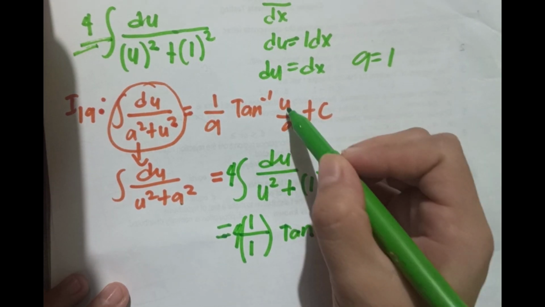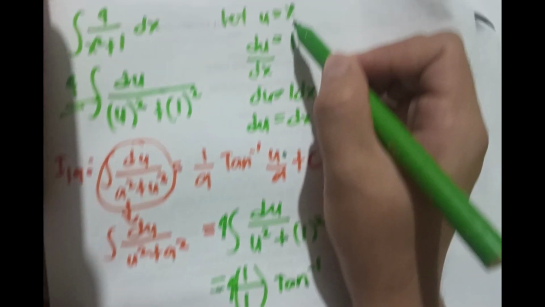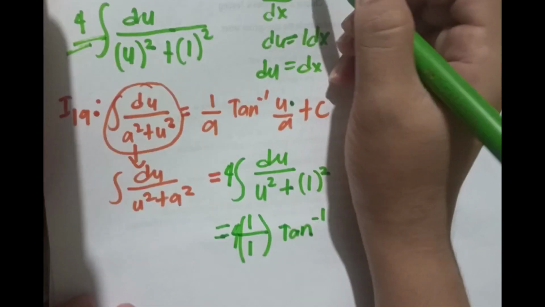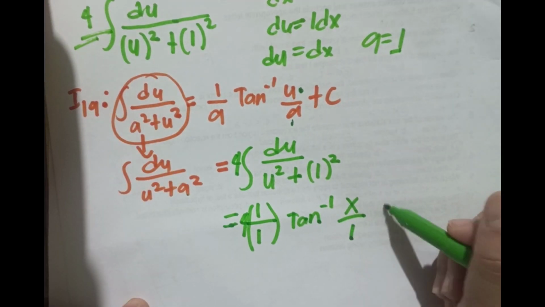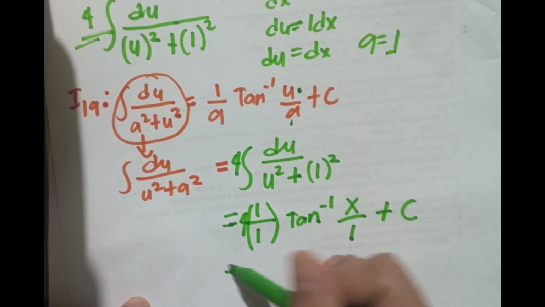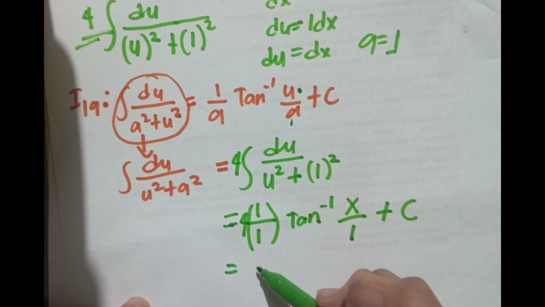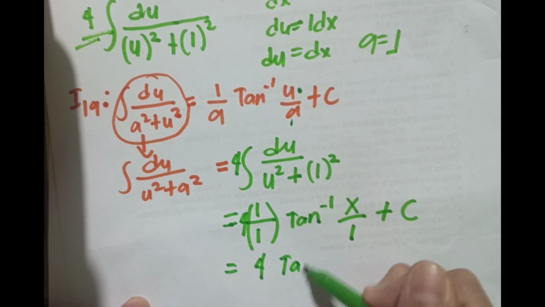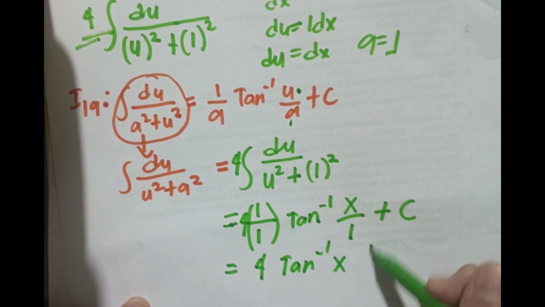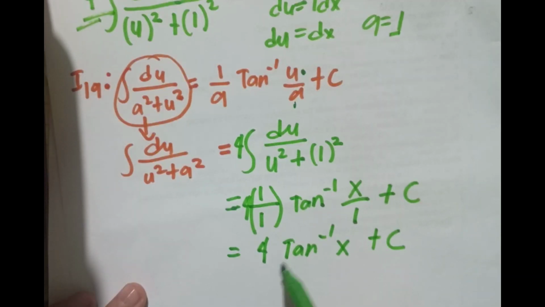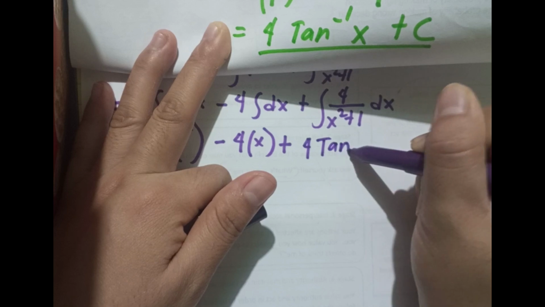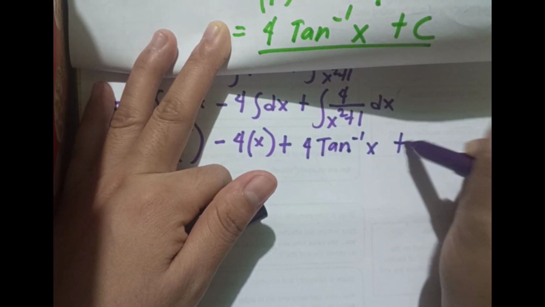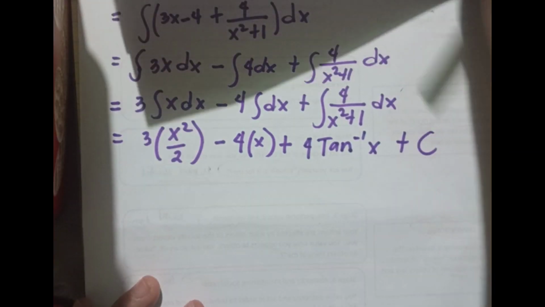Our u here is x, and our a is 1, so that is x over 1 plus c. Simplify: 4 times 1 over 1 is 4, then inverse tangent of x plus c. Then let's transfer this integral to our original solution, that is 4 inverse tangent x plus c.